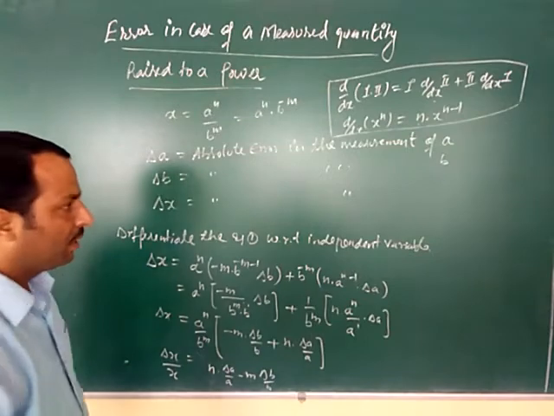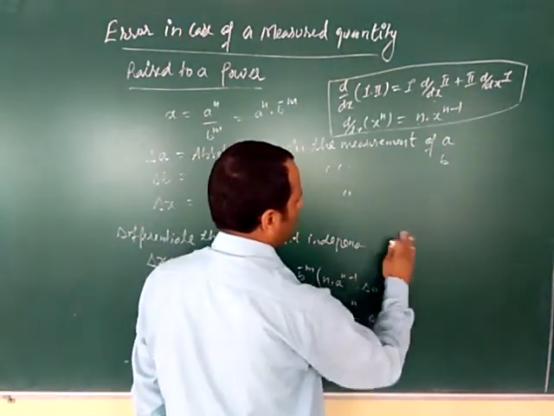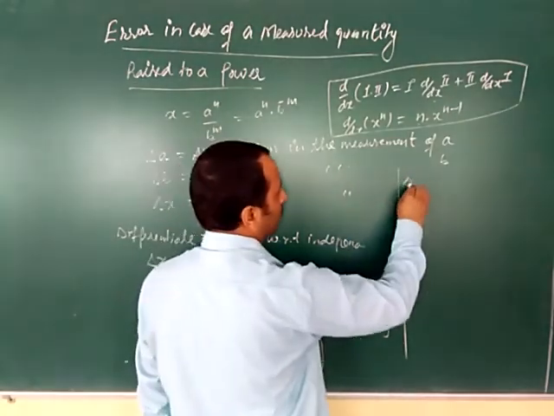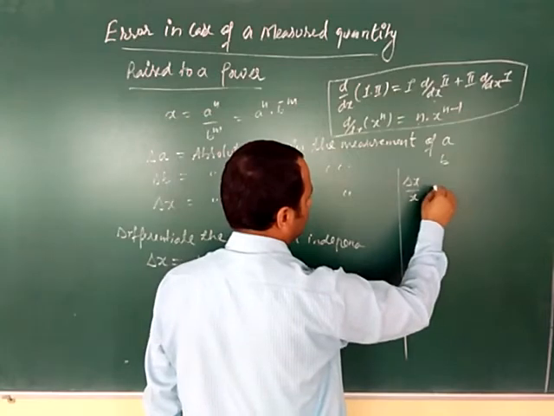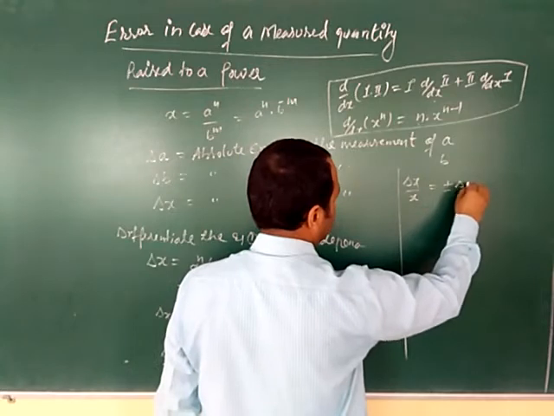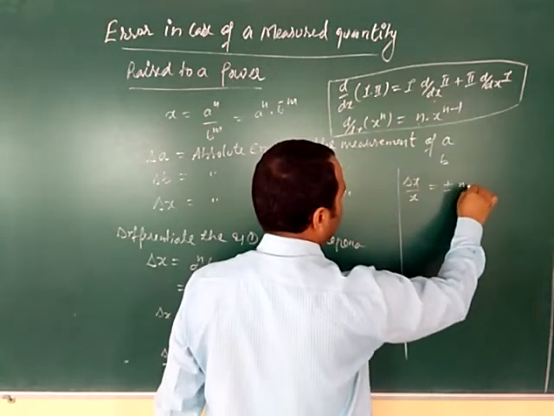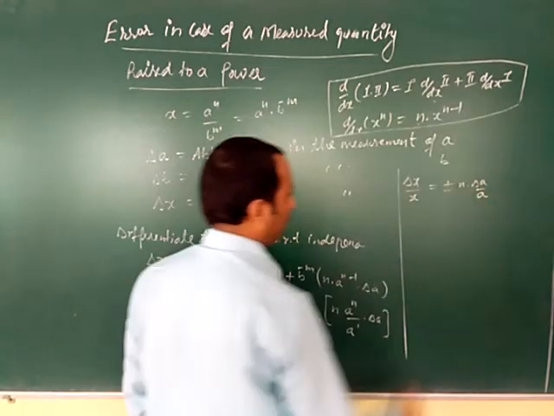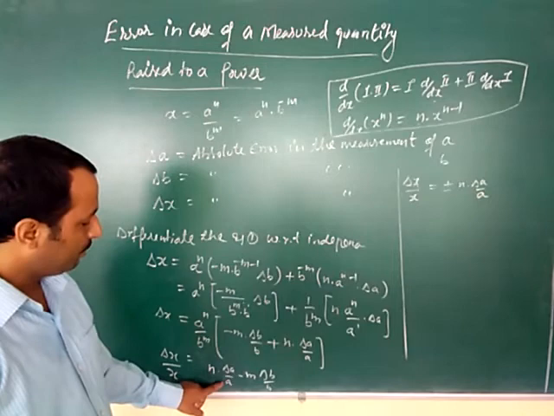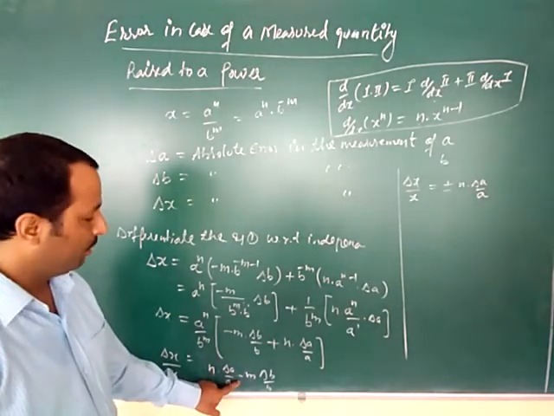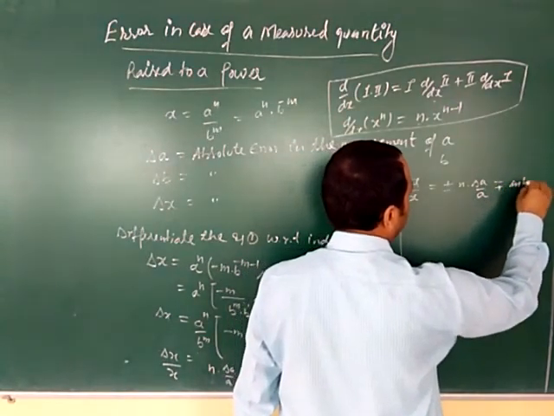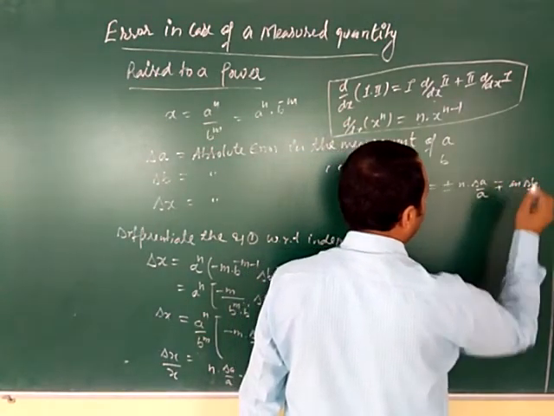In terms of the fractional error, what will we write? Delta x upon x is equal to plus minus n delta a upon a, and here plus minus, so it will become minus plus m delta b upon b.